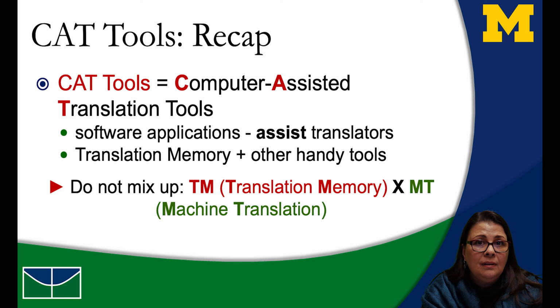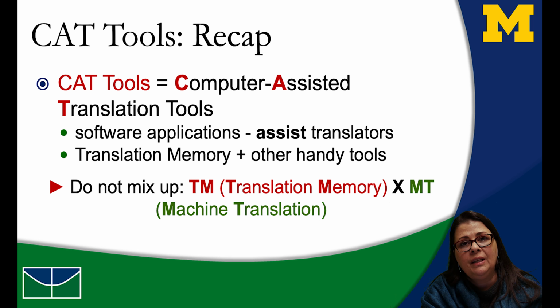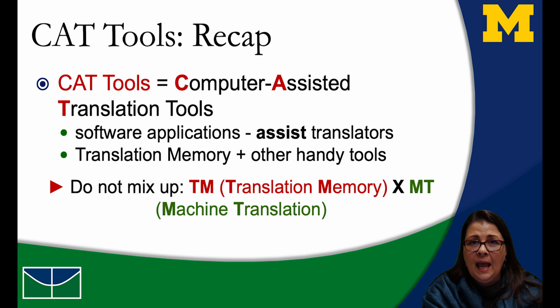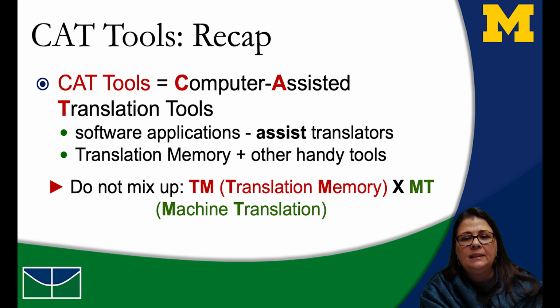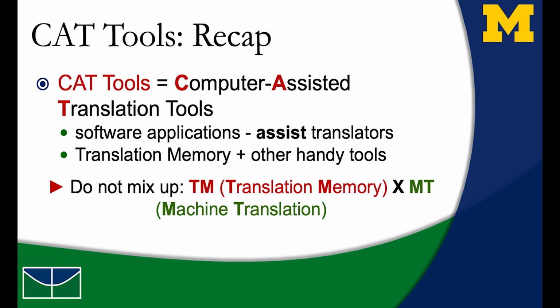But also there are several other very useful tools in a CAT tool. And one of them that we should not mix up with translation memory is the machine translation. So TM and MT are different things. And we've learned that before. So just keep that in mind as we go through this presentation.